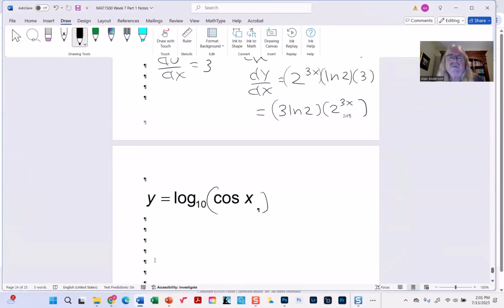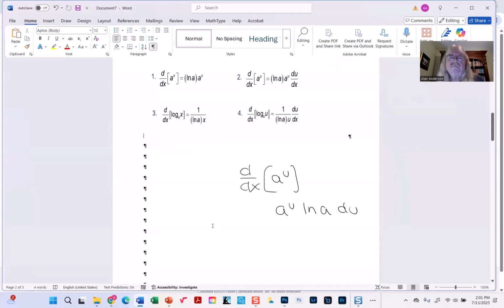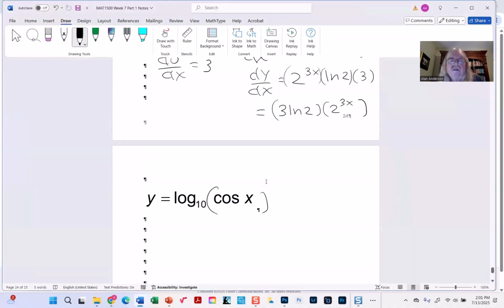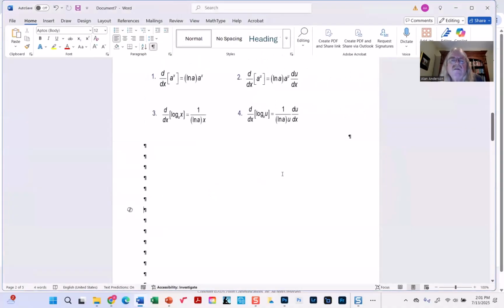So if we go back to our table, we're looking for the log to base a of some function of x. Aha, it looks like it's this one.